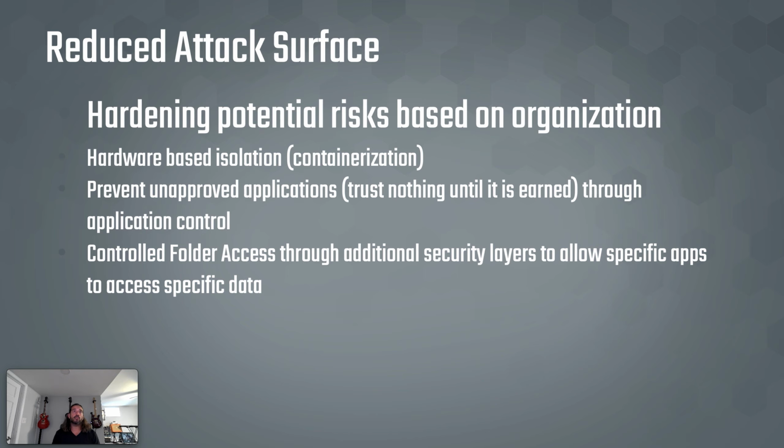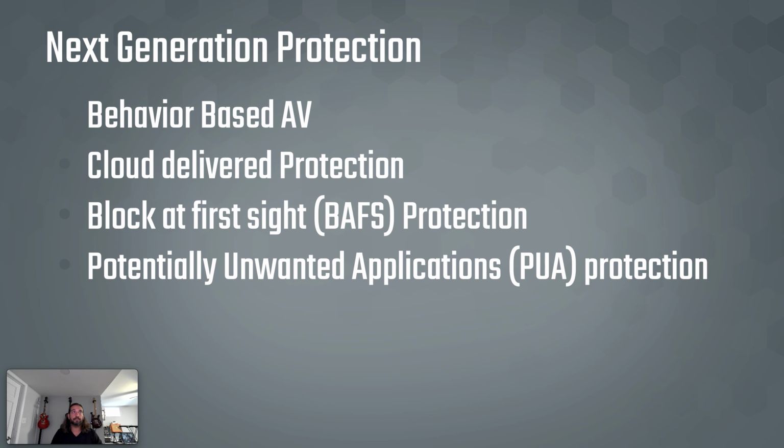And using controlled folder access to provide additional layers of security that allow only specific apps to access specific data that you've allowed. This takes a whole lot of tool sets and processes to implement, but the end goal is to reduce the overall attack surface or potential impact to the organization by leveraging some of these tools if you're at this level of maturity in an organization.